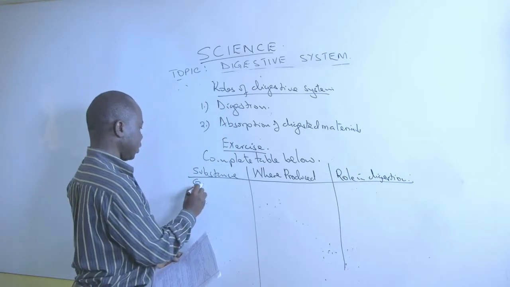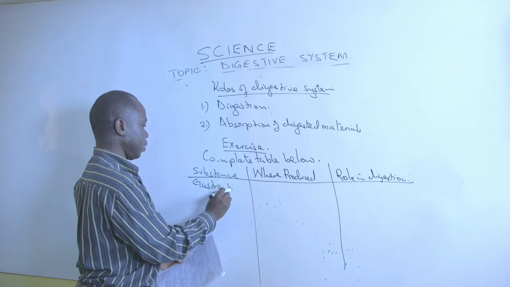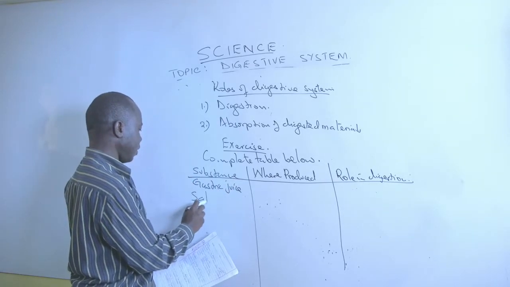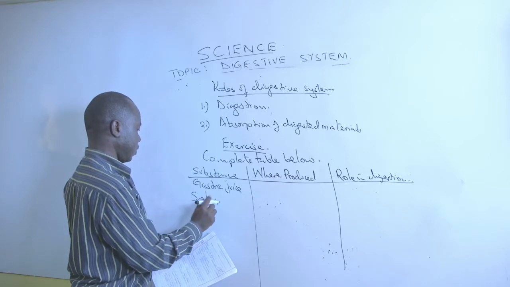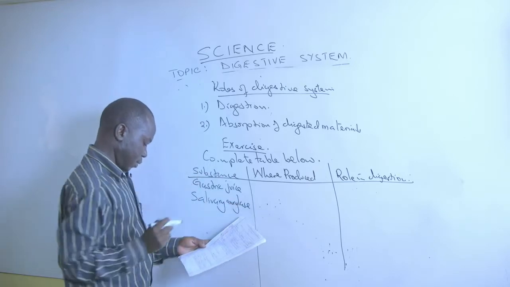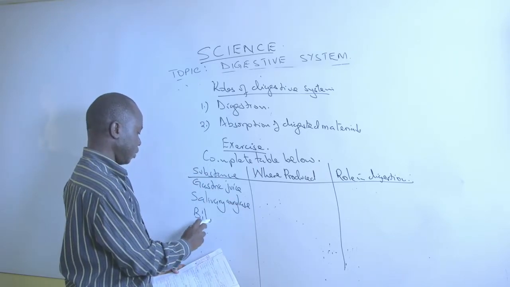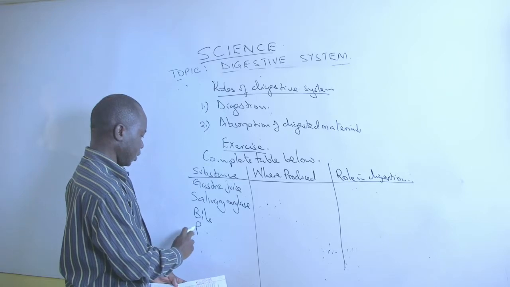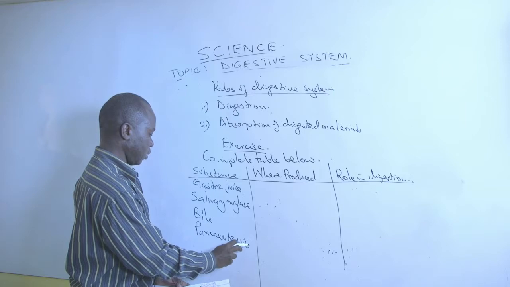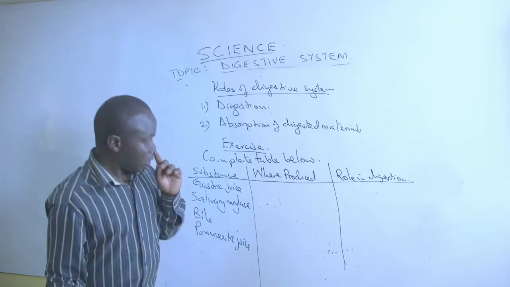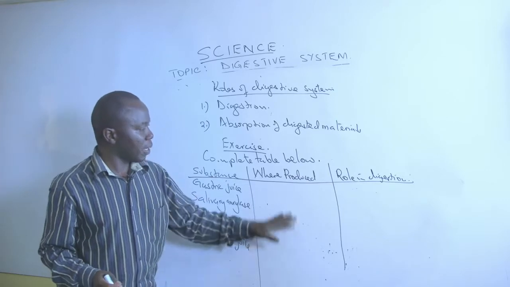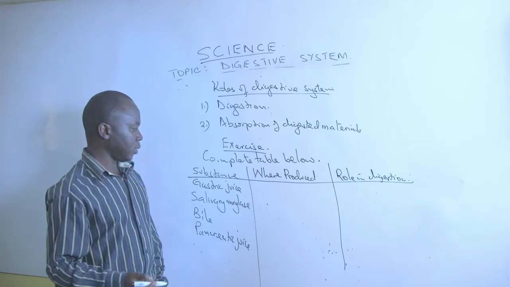So one of them is gastric juice, salivary amylase, we have bile and pancreatic juice. So this is what we have gone through, and we can easily tell where they are produced and their role. Gastric juice.